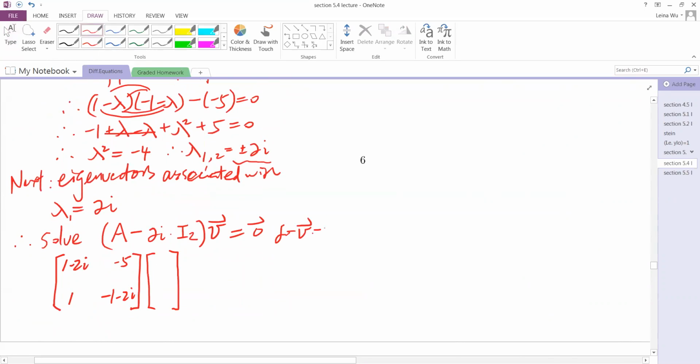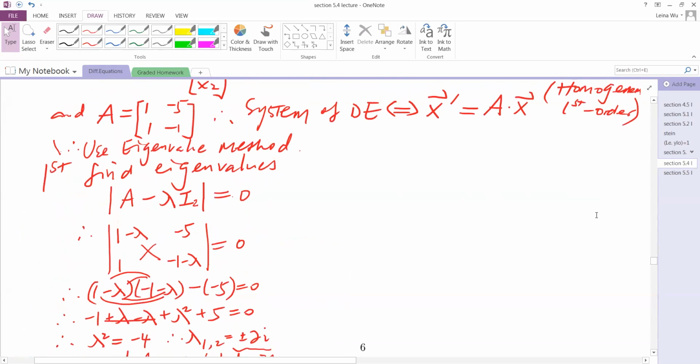Let's assume we have two components, a and b, so a, b equals 0, 0. Is that good? Yes. All right, so we're going to continue from that system.